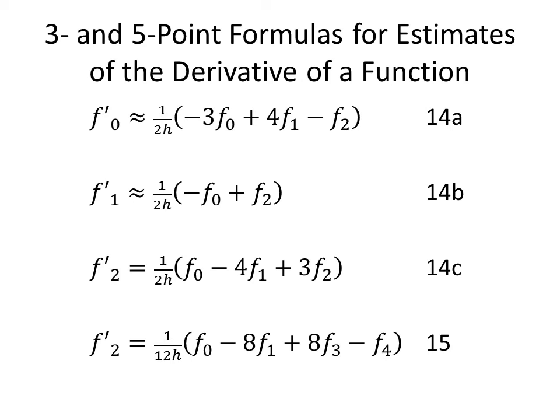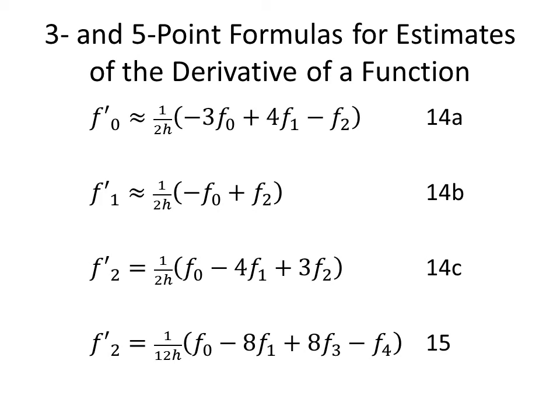We would use the known value of the function 2 points to the left, 1 point to the left, 1 point to the right, and 2 points to the right. So f0, f1, f3, and f4 with the weights shown. So that's a very high order, much lower error estimate of the derivative. It's a 5 point formula.